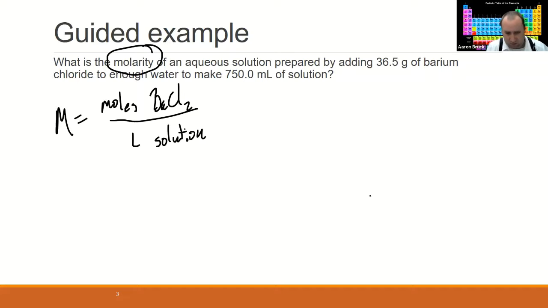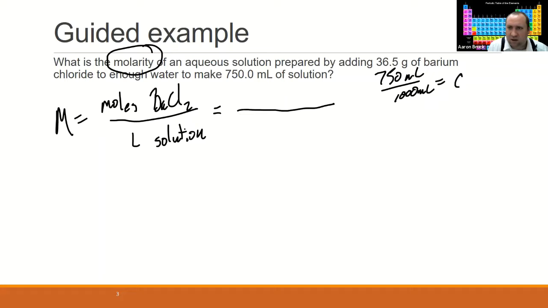So we need to find the moles of barium chloride, which we don't know right now, and the liters of solution, which we can get by taking that 750 milliliters and dividing it by 1,000, which gives us 0.7500 liters of solution. So we've got the denominator figured out. We just need to figure out the numerator.